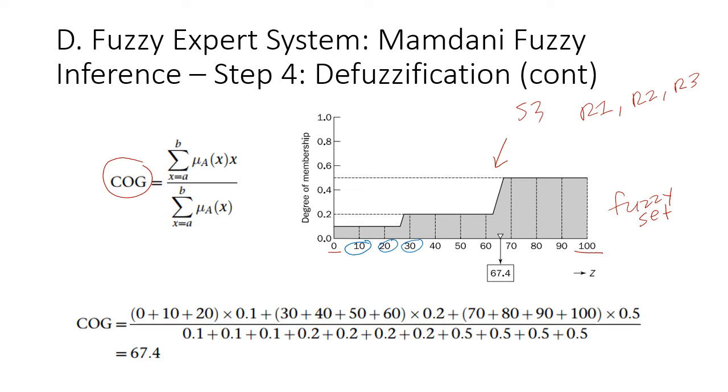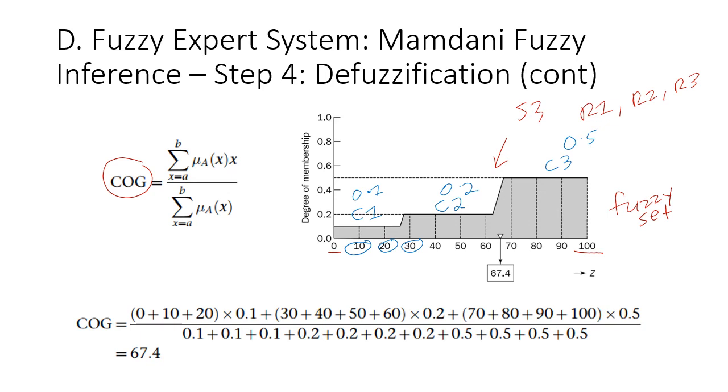And if you still remember, this one is the clipping of the result of C1, this is C2, and this is C3. C1 has the membership degree of 0.1, C2 membership degree of 0.2, and C3 the membership degree of 0.5.